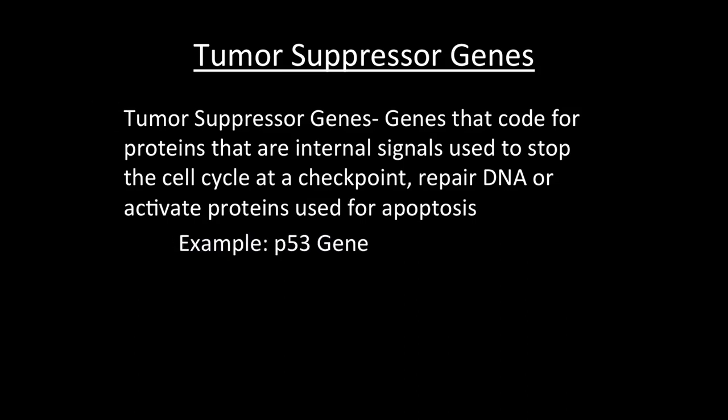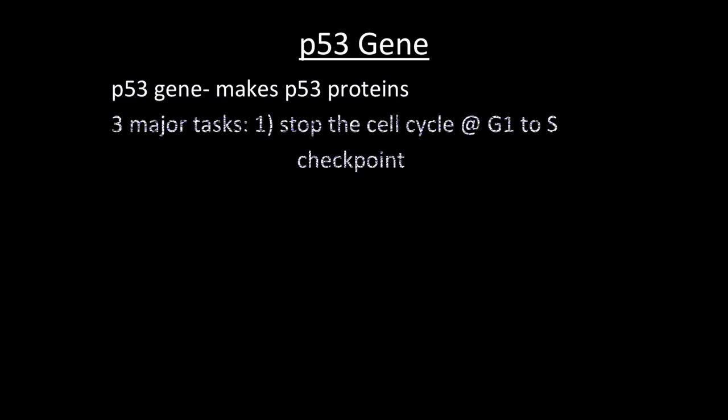Now, the example that we're going to be taking a look at is the p53 gene. So the p53 gene is found on chromosome 17. On the short arm of chromosome 17, you're going to find this gene. The gene makes p53 protein. Those p53 proteins have three major jobs. Now remember, this is a tumor suppressor gene.